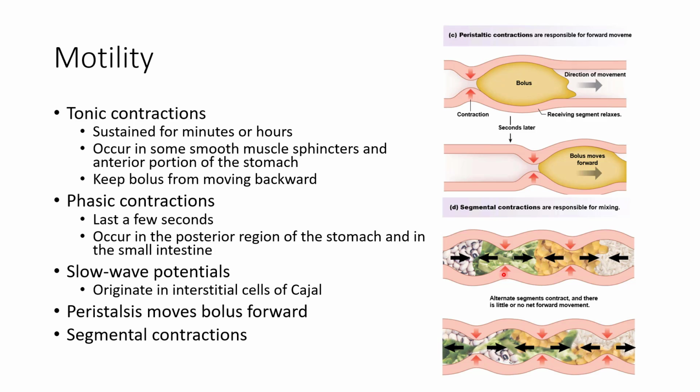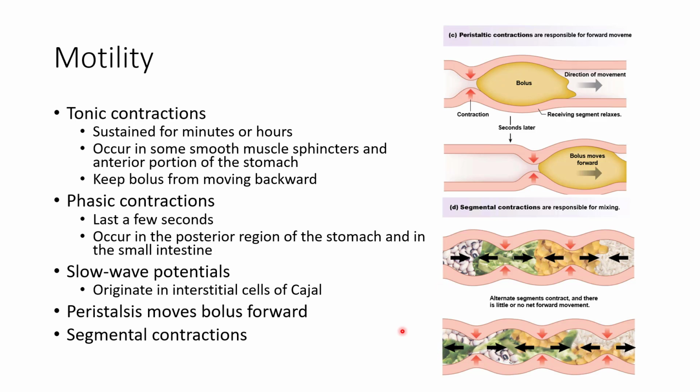We have the pyloric sphincter that prevents food from moving into the small intestines before it's ready, or from the small intestines moving back into the stomach. The point of those tonic contractions is to keep food matter from moving backwards in the system. The phasic ones occur in our stomach and small intestines, and the purpose of those is more for mixing and propelling food in a given direction.